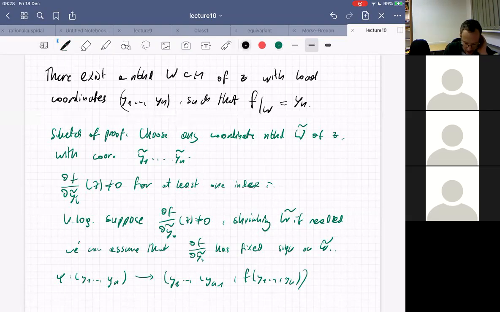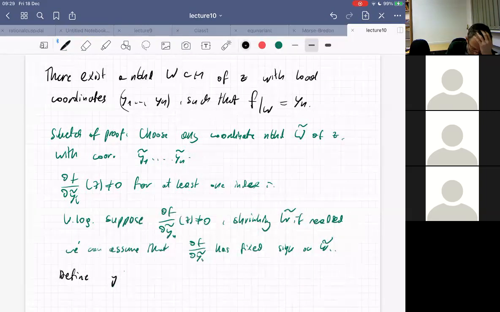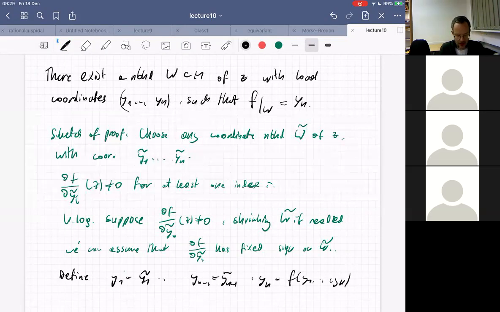Or maybe I will be a bit quicker. Define y1 equal y1 tilde, ..., yn minus 1 equal yn minus 1 tilde, yn equal f of y1 tilde, ..., yn tilde. So this is a base change.